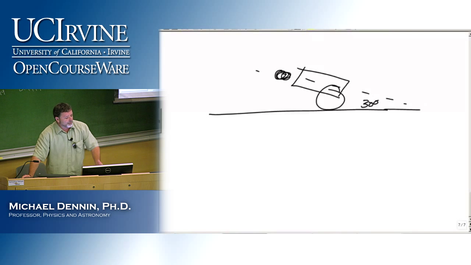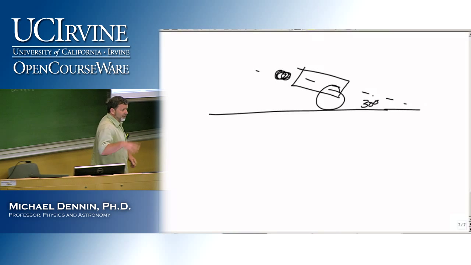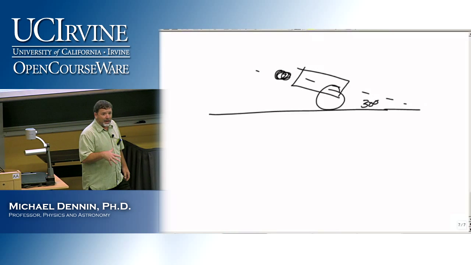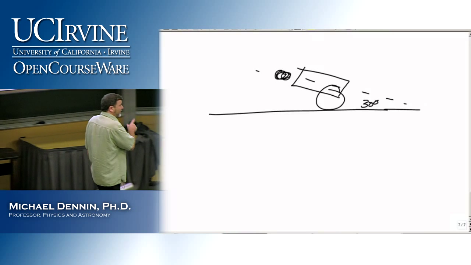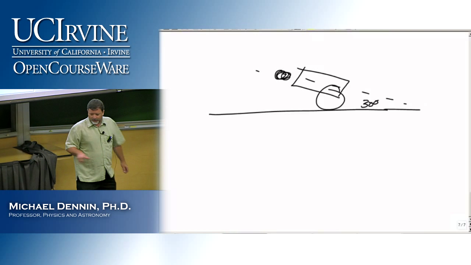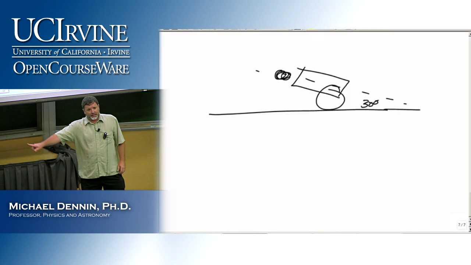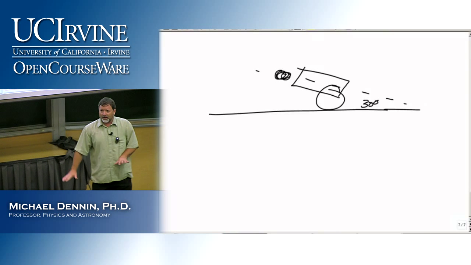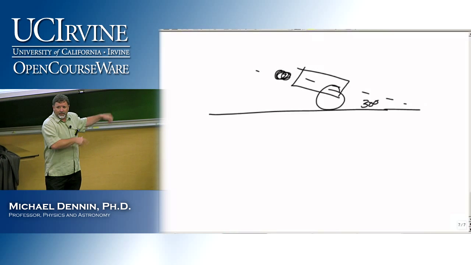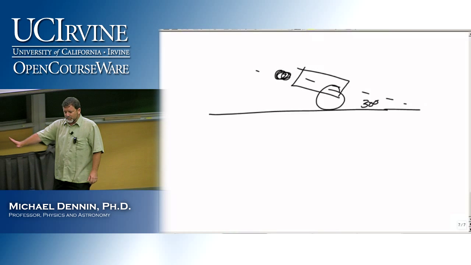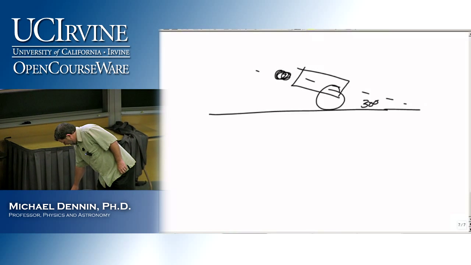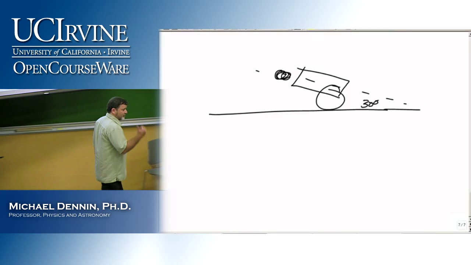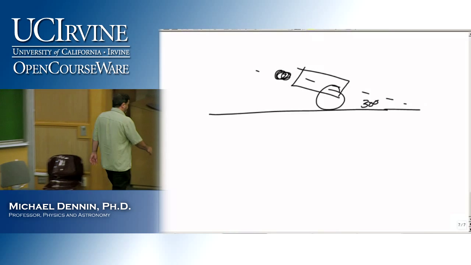Figure out quickly on a piece of paper how you might figure out the speed of the cannonball if you know how fast the cannon is going backwards, and whether or not there's any problem with that calculation. So try that for a few minutes here.